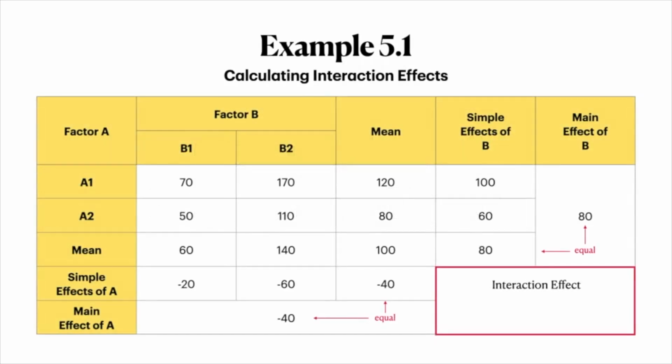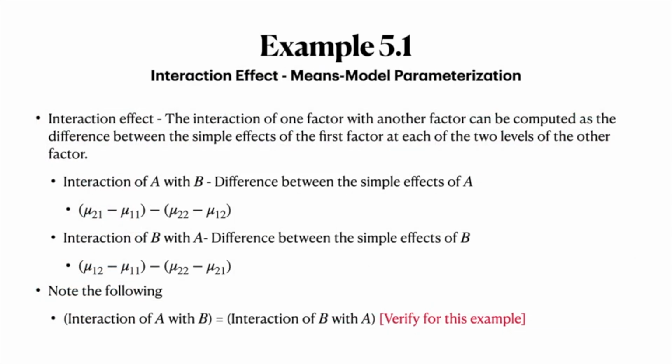All right, next let's calculate the interaction effects. We're going to put the value for the interaction in the bottom right cell of the table. That seems like a good place to put it. Let's refresh our memory as to what an interaction is.